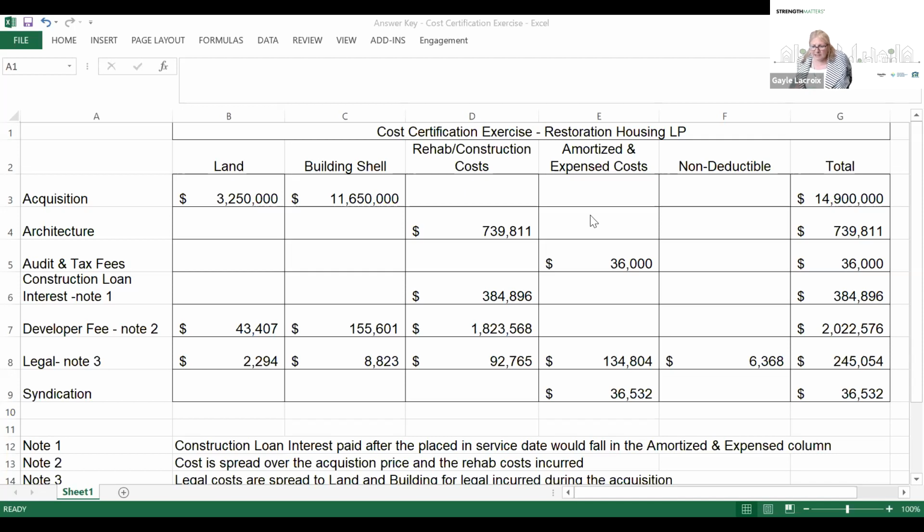And then somebody's pointing out syndication fees. Let me just take a look. I think in the chart we have 36,000. So let me just look, I'm looking at the funding requisition.